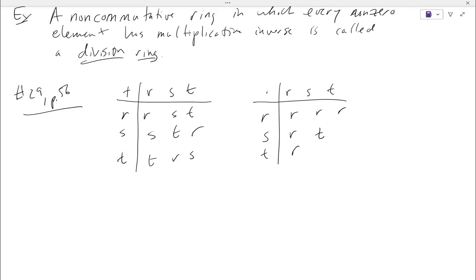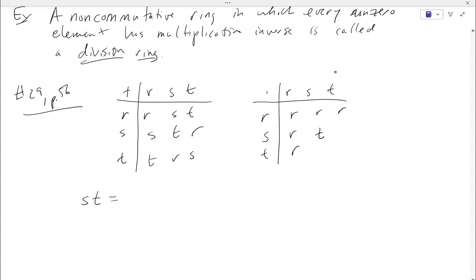Basically, they just want you to play around with the distributive property. Okay. So, for example, we don't know what S times T is, right? This is one of the ones we need to figure out.